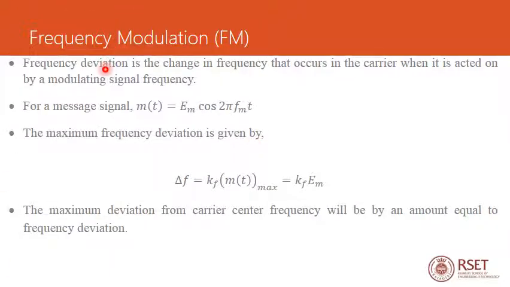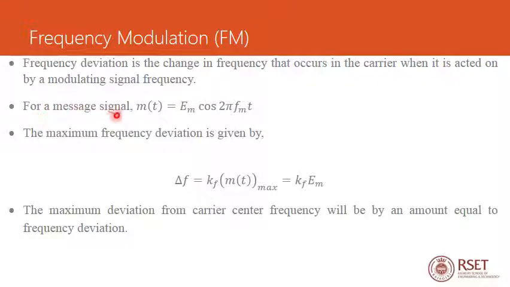The frequency deviation is the change in frequency that occurs in the carrier when it is acted on by a modulating signal. In frequency modulation, which is an analog modulation technique, both the message signal and the carrier signal are sinusoidal, or time varying, signals.